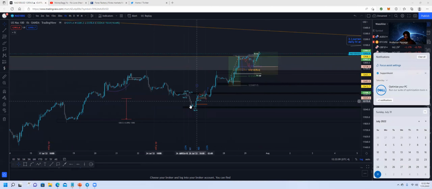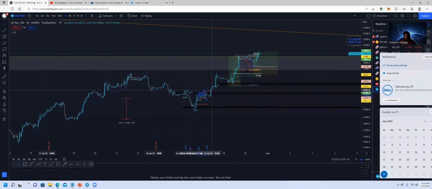Tuesday shifted the structure right over here. You got the high, the low, lower high, lower low, break above. Continue to break above, new higher low, higher high, higher low, higher high, and continue on. So if you were watching this market from Monday to Tuesday, you saw you were bearish into Tuesday, and then Tuesday you shifted the structure and started going bullish.